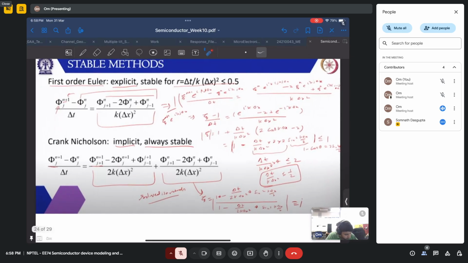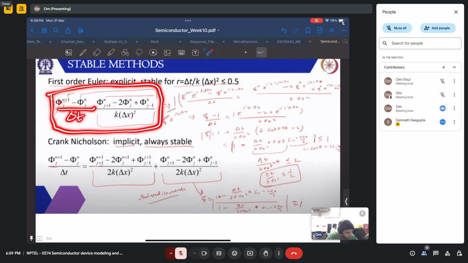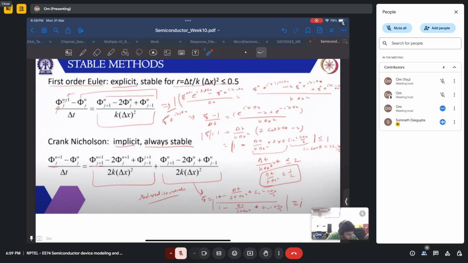It is another kind of method which has finite differences in this form, and it is stable only when a condition is satisfied: delta t by k delta x squared is less than or equal to 1 by 2. This is the condition when Euler's method is stable.